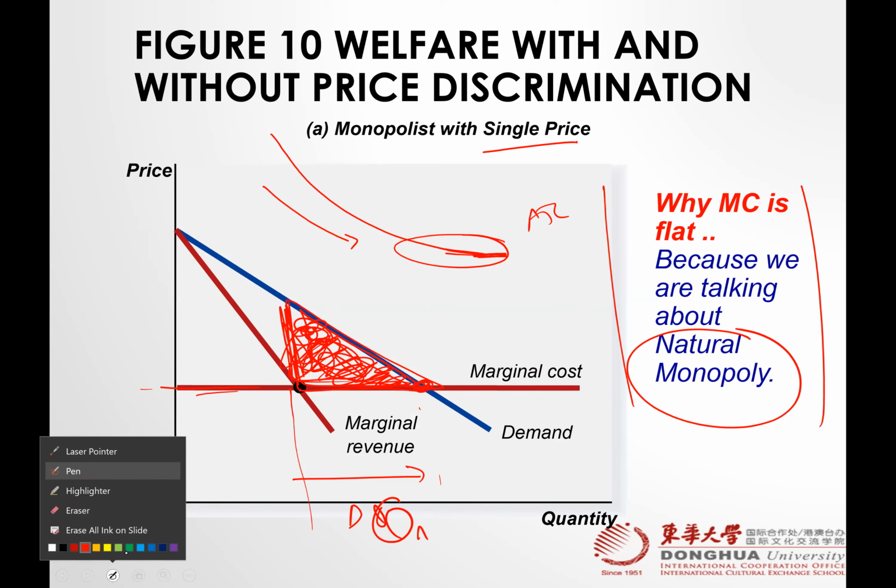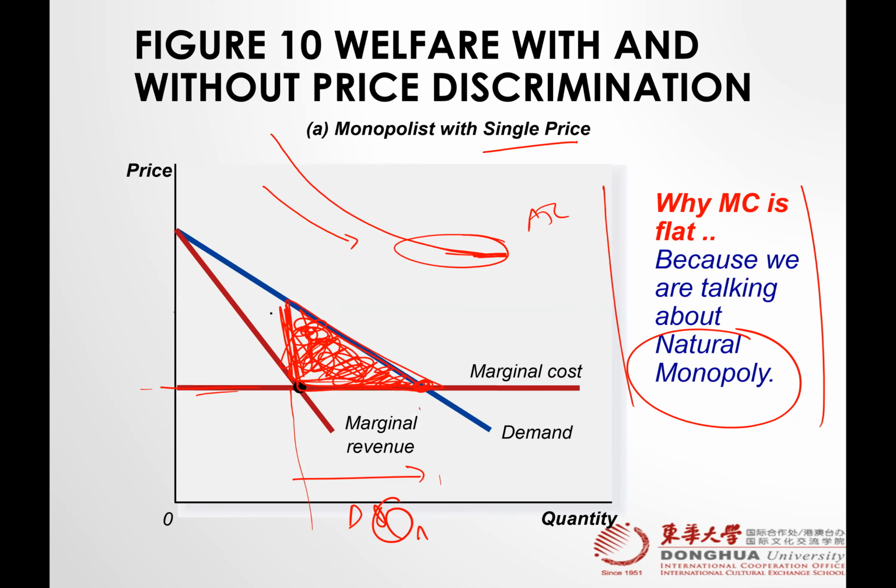So what if you charge different prices? If you charge different prices, you see, if you charge P3 here, you reduce this deadweight loss.